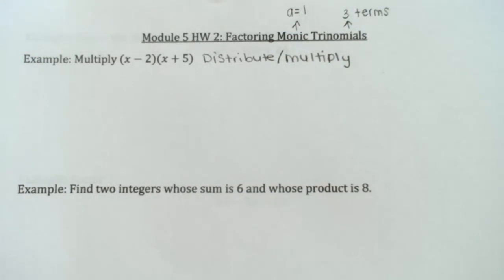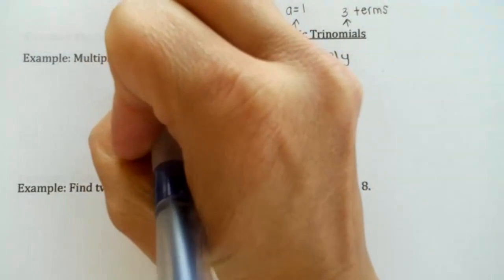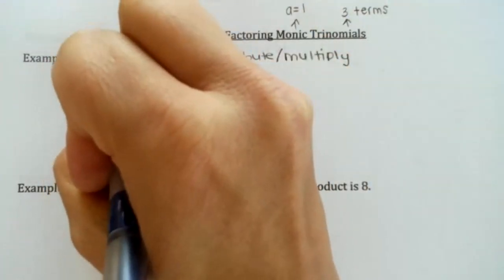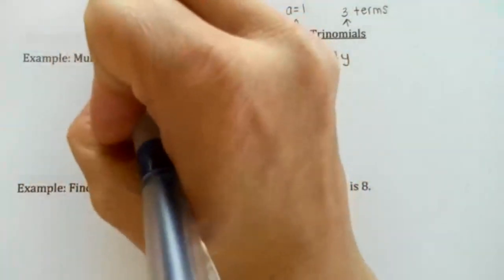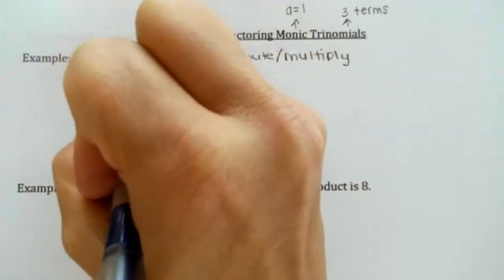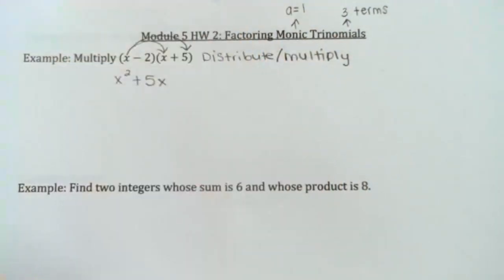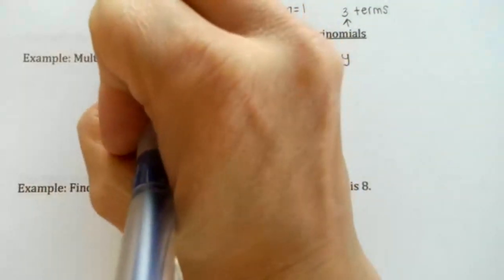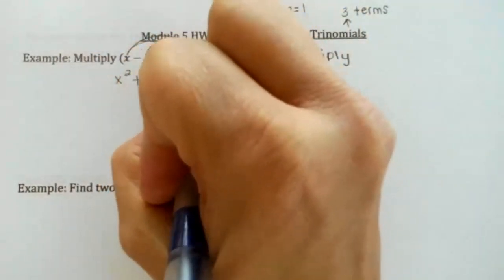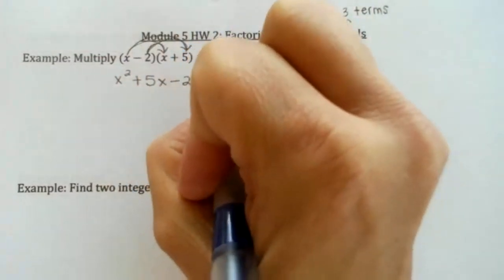So let's distribute x times everything. So x times x will give us x squared. Remember, whenever you multiply, you add the exponents. x times positive 5 would give us plus 5x. So we did x times everything. Now let's do negative 2 times everything. So negative 2 times x will give us negative 2x. Negative 2 times positive 5 would give us negative 10.